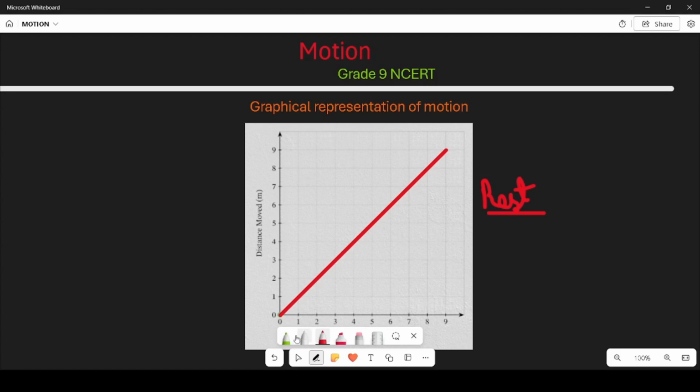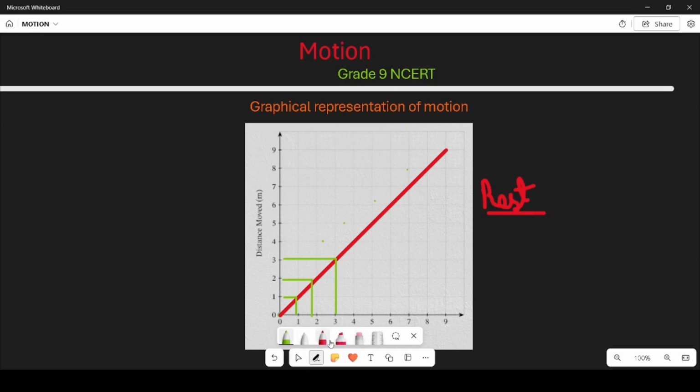So you can see that, along the green imaginary line, every 1 meter it's traveling 1 second. So that's how you can show that the object is traveling in uniform motion. 1 meter 1 second, 2 meters 2 seconds, 3 meters 3 seconds, and so on.